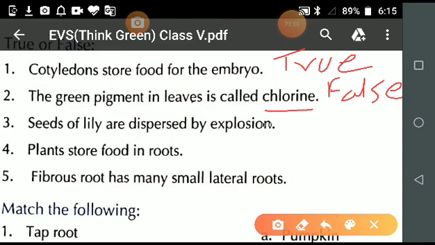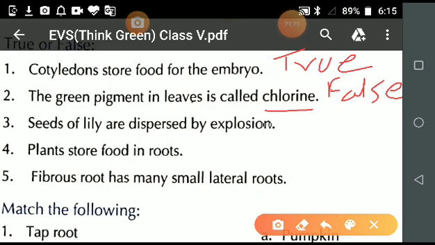And you know that, student, when we are talking about living organisms, what are the living organisms? Plants, animals, human beings. Human beings and animals can move from one place to another.